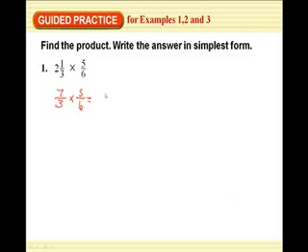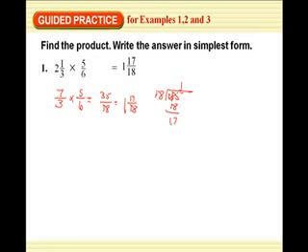You can't cancel anything, so 35 over 18. 18 times 2 is 36, so it'll only go in there once with 17/18 left over. And if you can't do that in your head, you just write out that division like this. 1, and then you subtract, and there's where the 17 comes from.